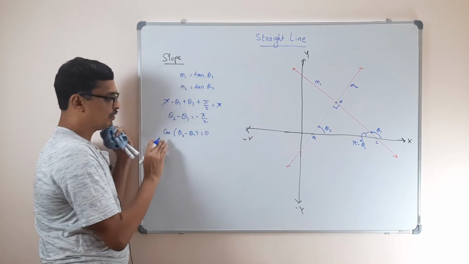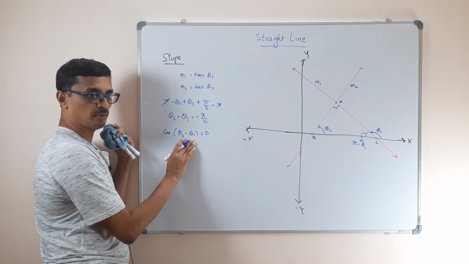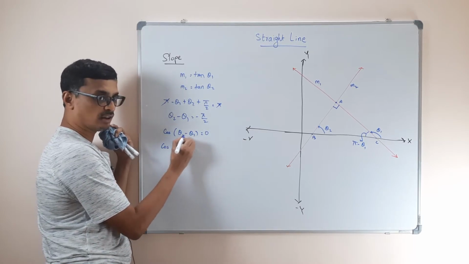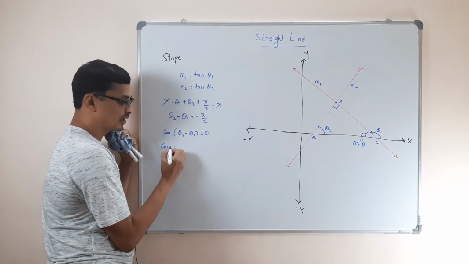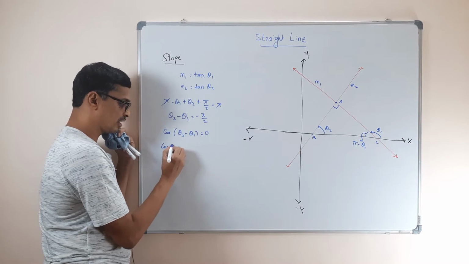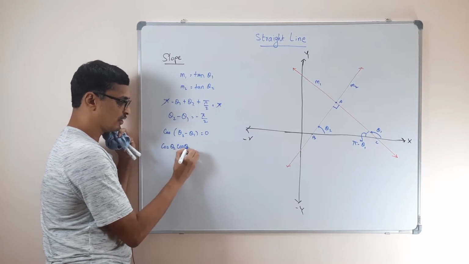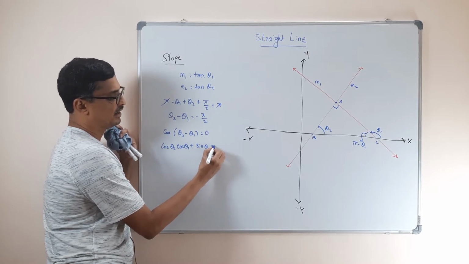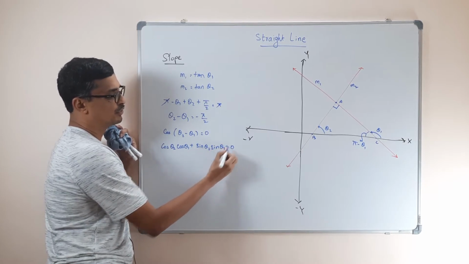Now this is the cos A minus B formula: cos A cos B plus sin A sin B. So cos theta 2 cos theta 1 plus sin theta 2 sin theta 1 will be equal to 0.